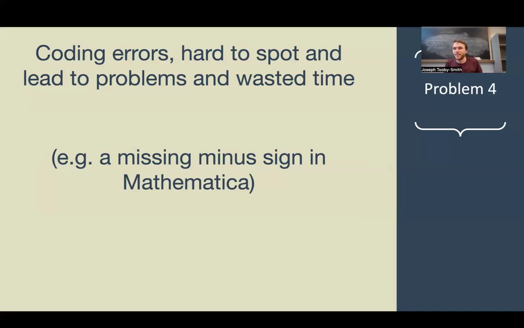I have an example of this. In one of my recent papers, I wrote a Mathematica script with two colleagues to classify semi-simple extensions of the standard model. This Mathematica script was like 2,000 lines long, and there's very likely a mistake in there. I don't know that there's a mistake in there, but there probably is.